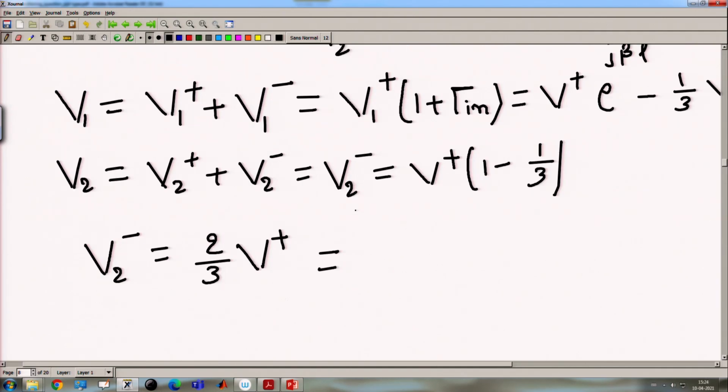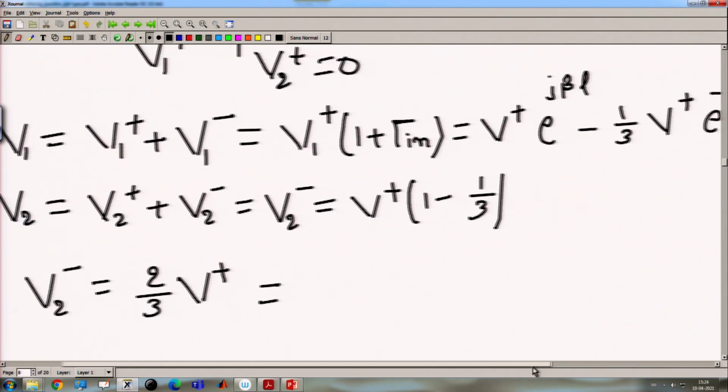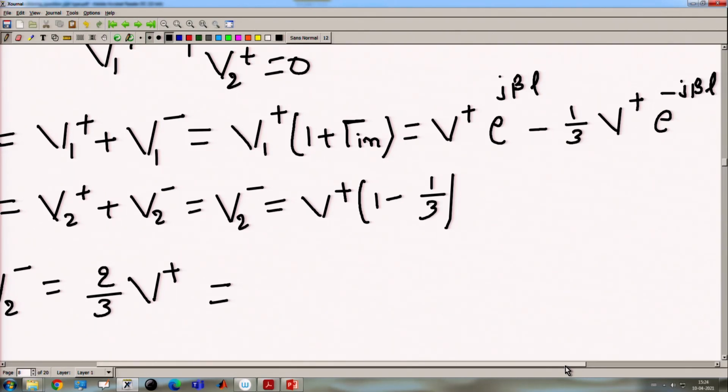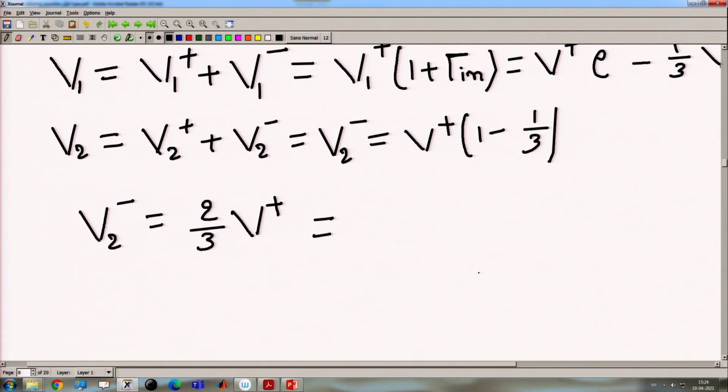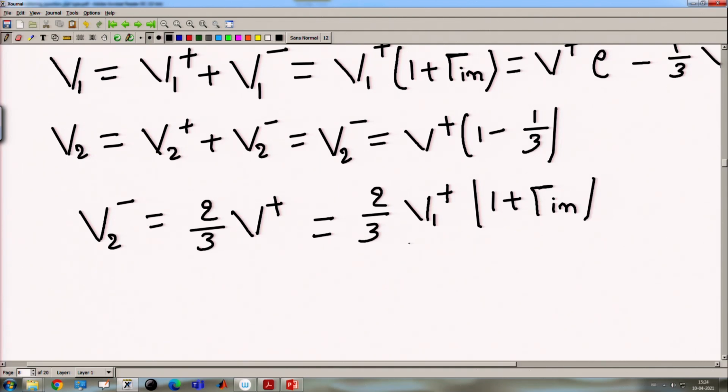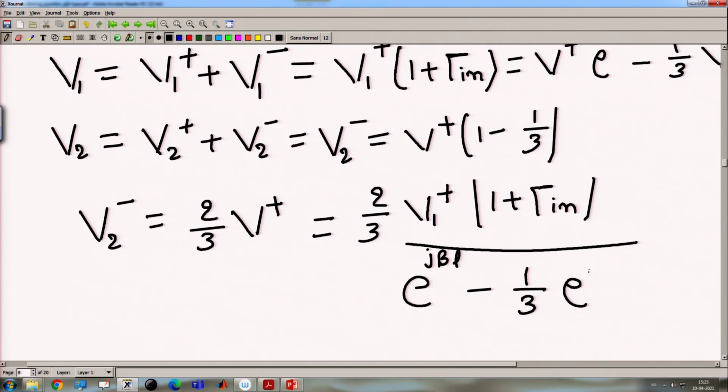From the first equation, V plus we can take common, and V plus we can write as V1 plus times (1 plus gamma in) divided by e to the power j beta L minus 1 by 3 e to the power minus j beta L. So, we can write 2 by 3 V1 plus (1 plus gamma in) divided by e to the power j beta L minus 1 by 3 e to the power minus j beta L.